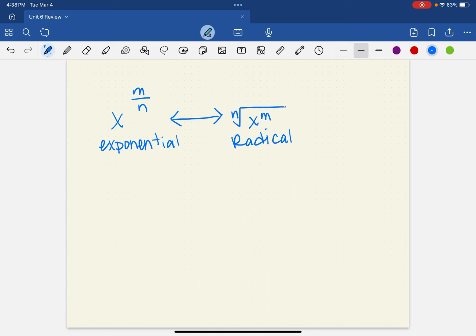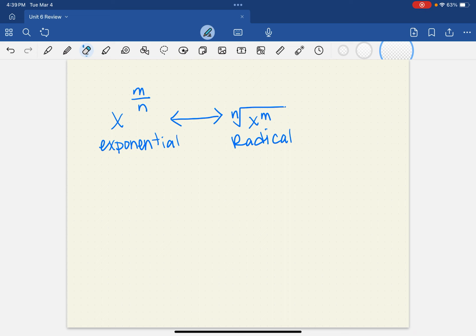Okay, so going back and forth, if I'm in exponential form, my denominator becomes my index and my numerator becomes my exponent, okay? Also, you do need to be careful with if it's got parentheses or not. If there's no parentheses, like if it was just 3x^(1/3), then that 1/3 only belongs to the x, okay? If it's in parentheses, it belongs to everything.